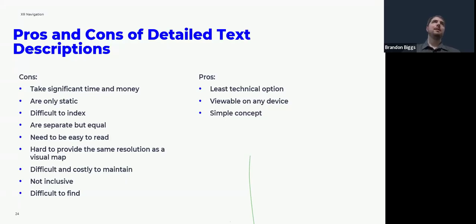There are some techniques that you can use to make these more efficiently, and I've got a guide on our website, xrnavigation.io/blog, and I think I've linked that here in one of the presentation slides for how to create these descriptions, and the Unidescribe project talks about it as well.